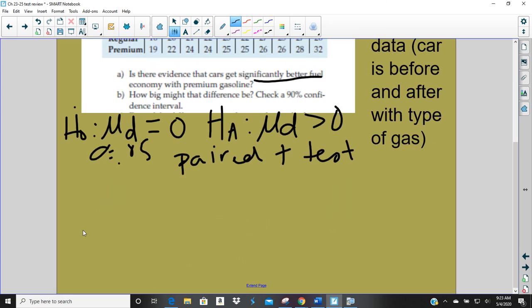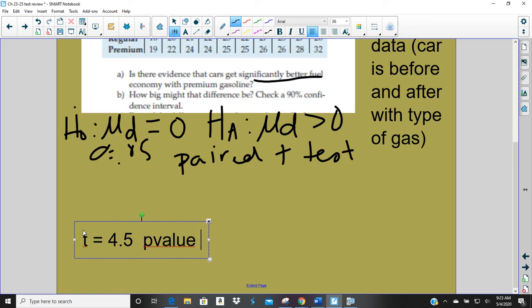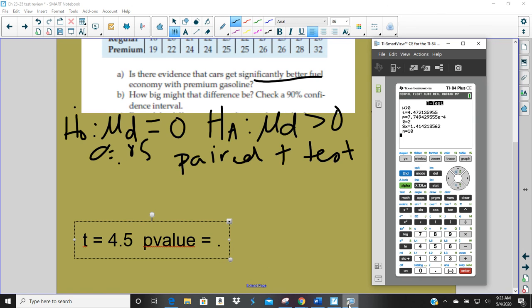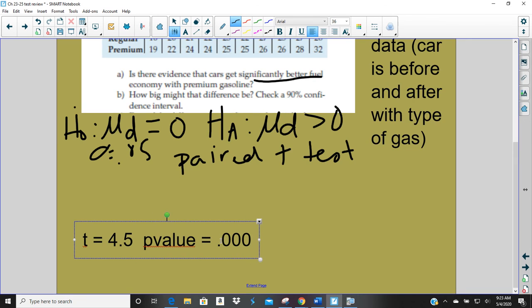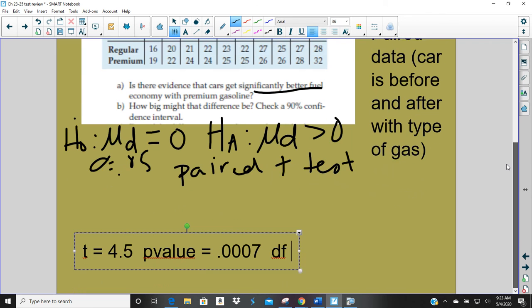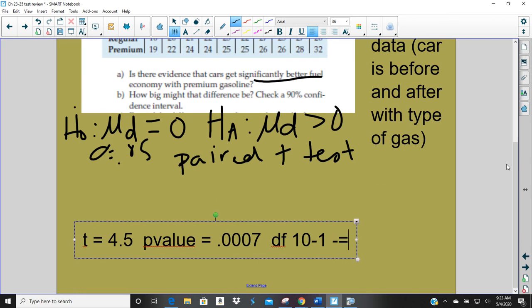The t-value, t equals 4.5. It's pretty big. The p-value was equal to 0.0007. And the degrees of freedom in this case is going to be 10 minus 1, which is 9.